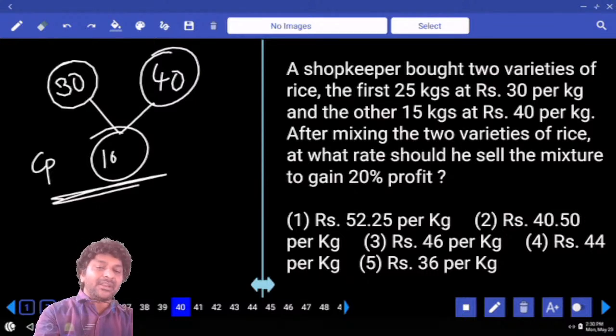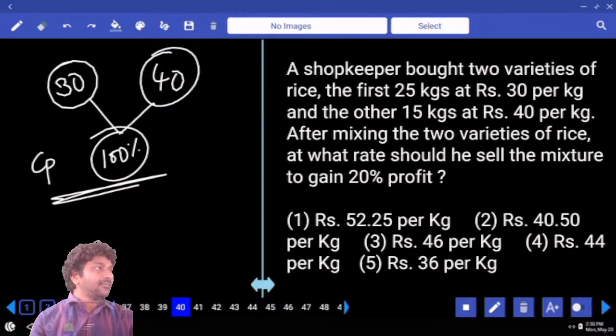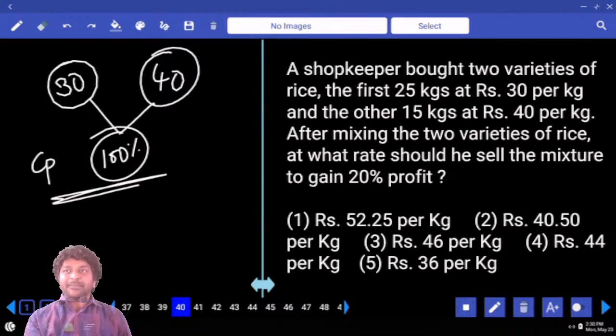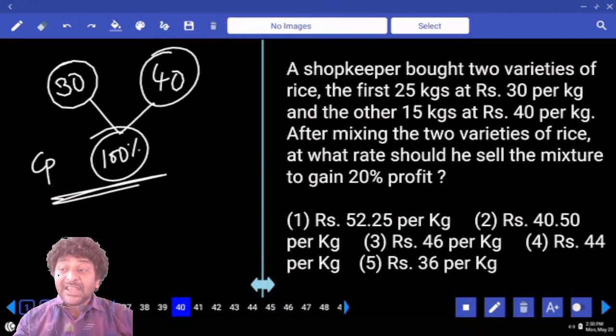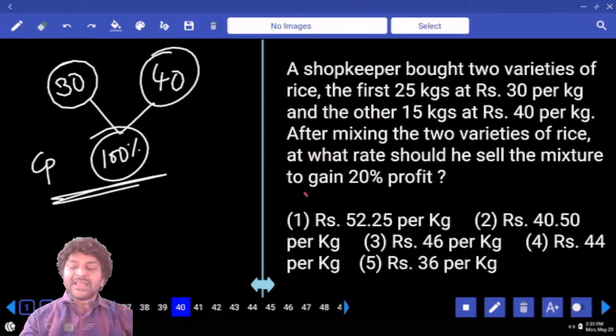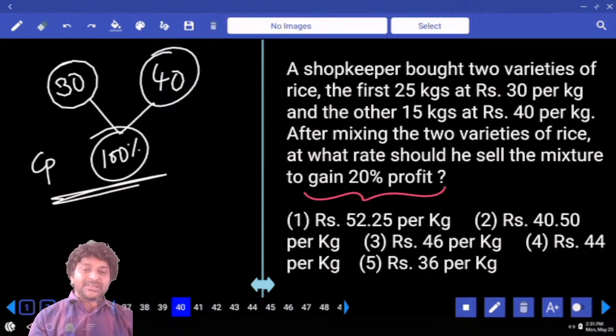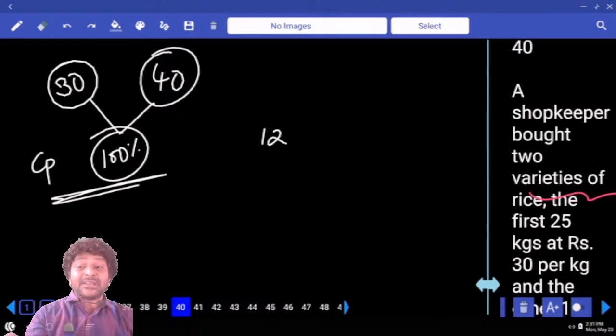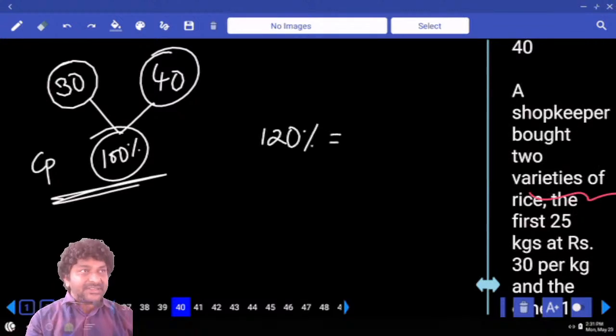I don't know this number. If it is 100%, I don't know that number. If it is 100%, what is your answer? Are you asked to calculate cost price or selling price? Selling price. And how much gain should be there? 20%. That means our answer must be equal to 120%, right?